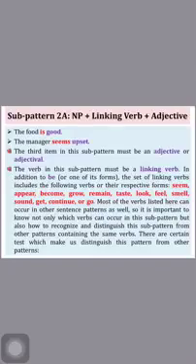In this pattern, pattern number 2, and specifically the first sub-pattern A, we have the first element as the subject, the second element as the linking verb, which links the adjective with the subject. The third element must be an adjective or adjectival.